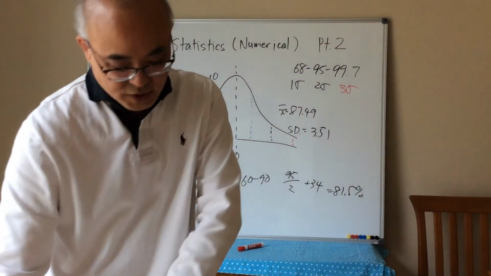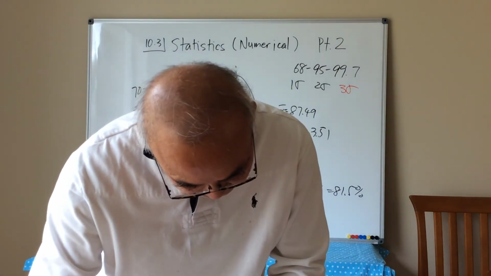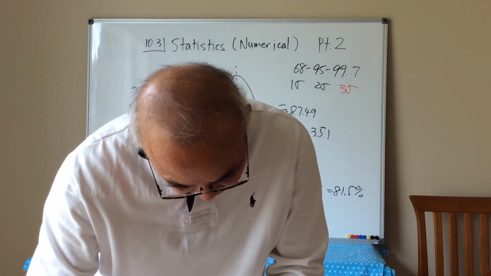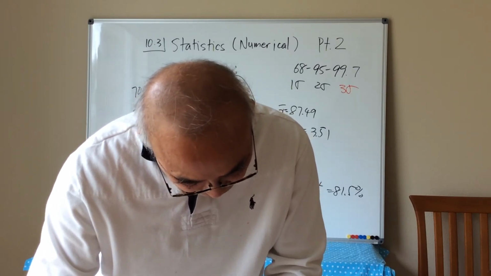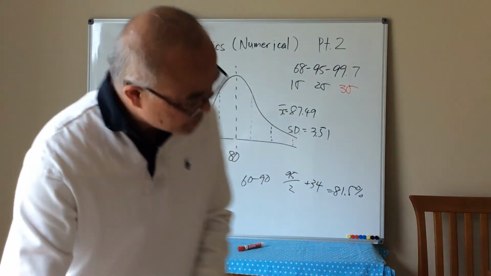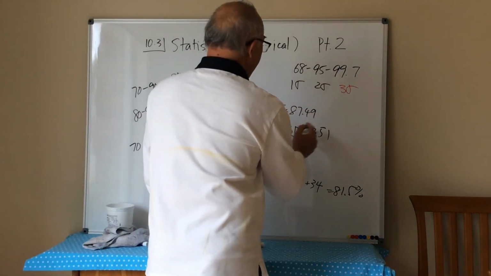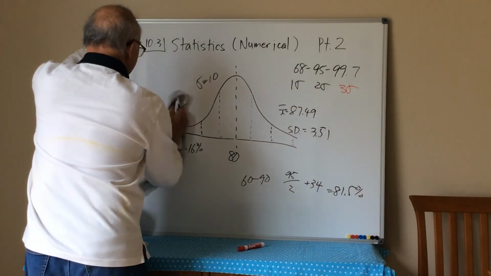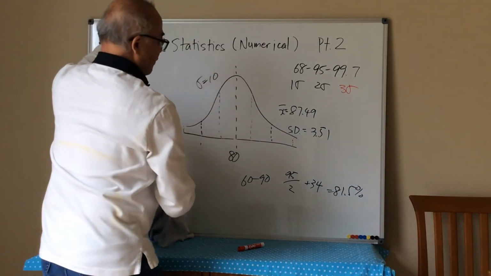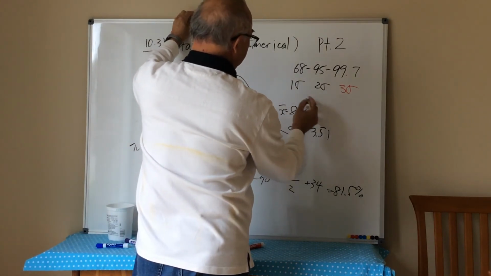Okay, so the question was, would a loon chick weighing 95 grams be in the top 2.5% or not? So we have to find out how many standard deviations 95 is away, right? If I had 2 standard deviations away from here, what would I get?